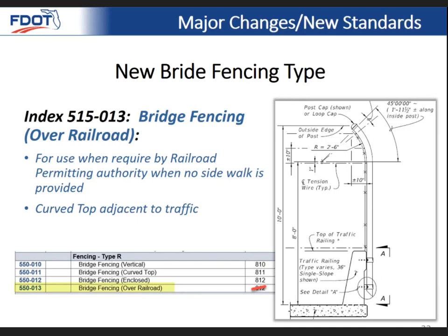So that was issued as a developmental index on some projects under 813 series. So it comes in at 550-013. This is only to be used when required by the railroad permitting authority, and if there is no sidewalk, such as a limited access facility, then this is probably going to be your only option to get that permit through.